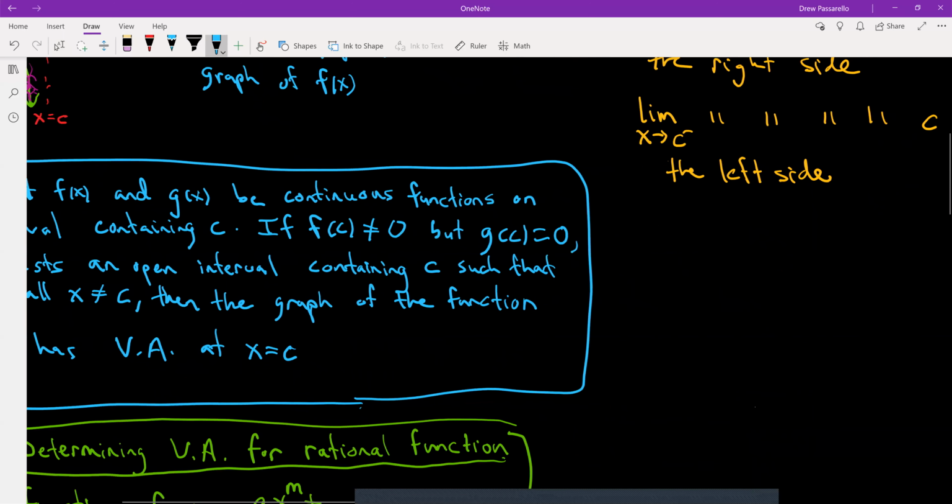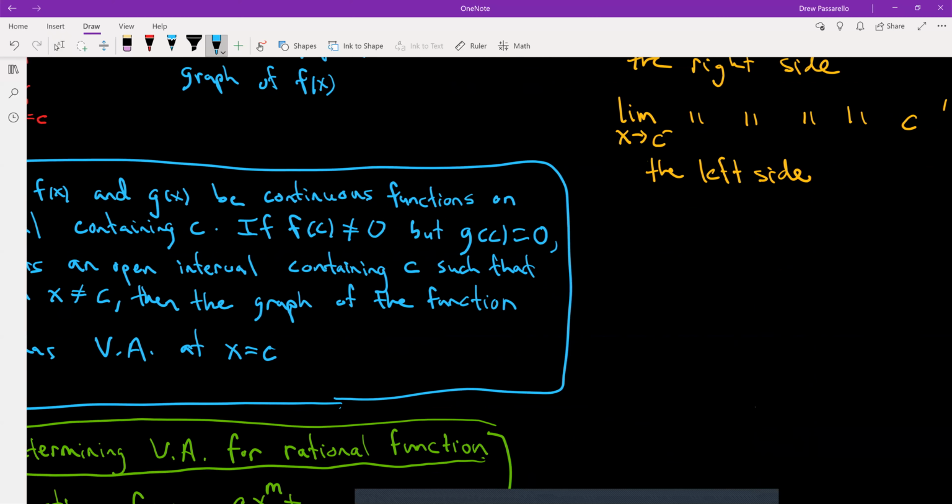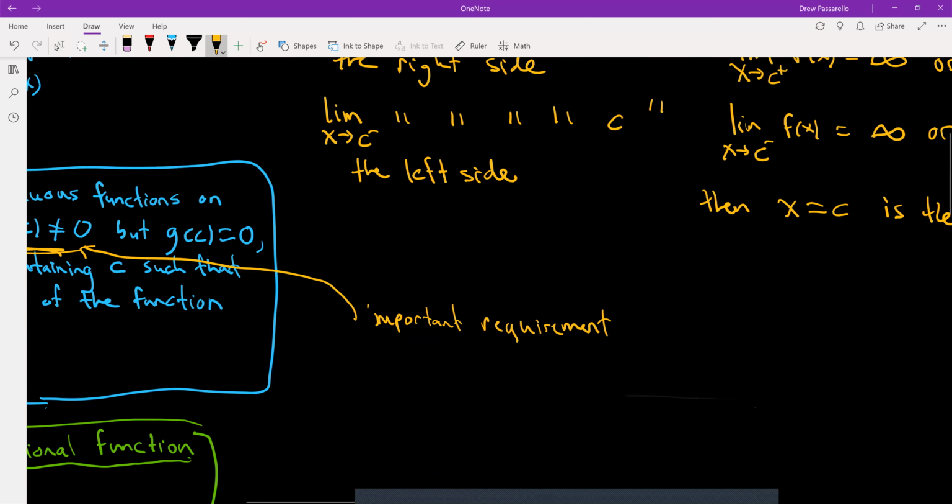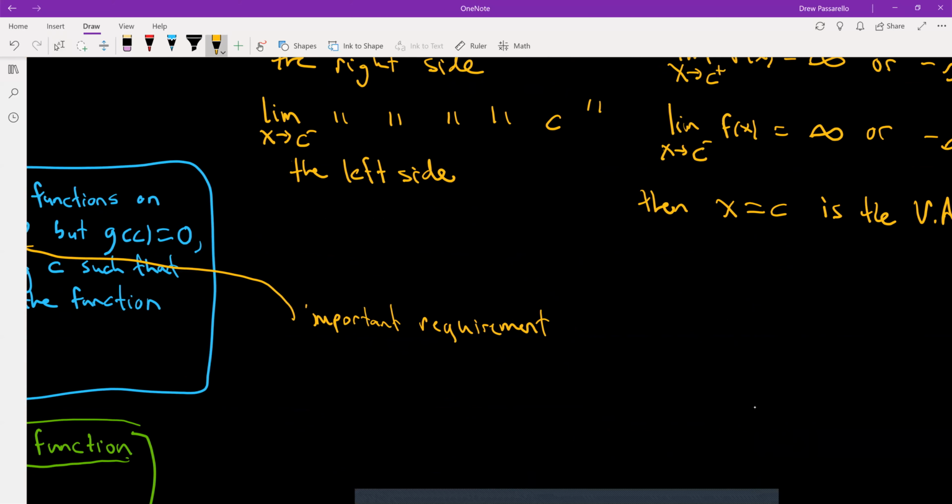I will say an important detail is this requirement. Because we've dealt with limits before, where we did limit as x approaches c of a rational function f of x over g of x, and it might have given something like 0 over 0.